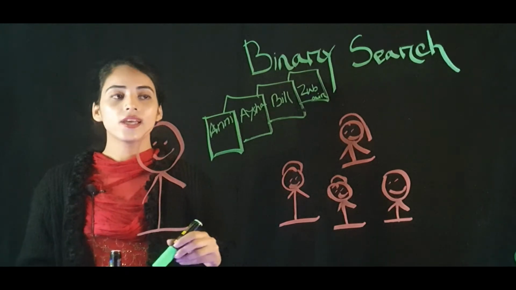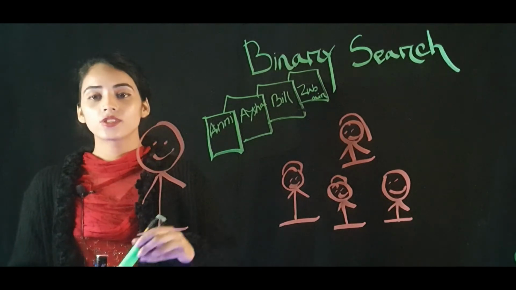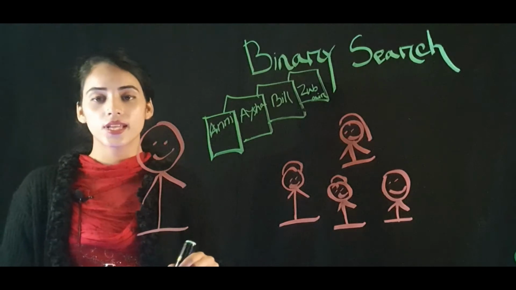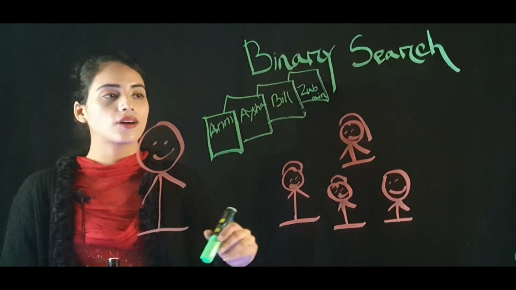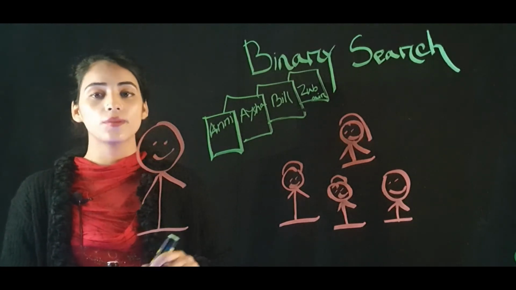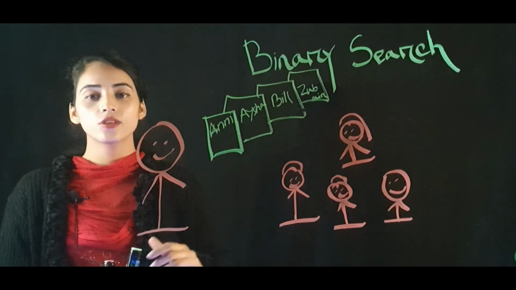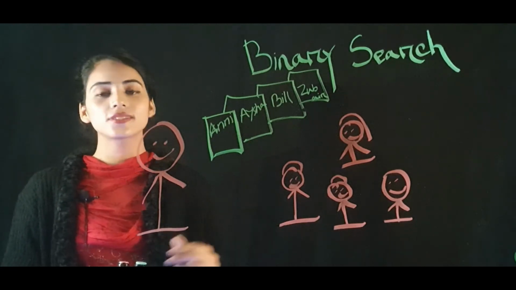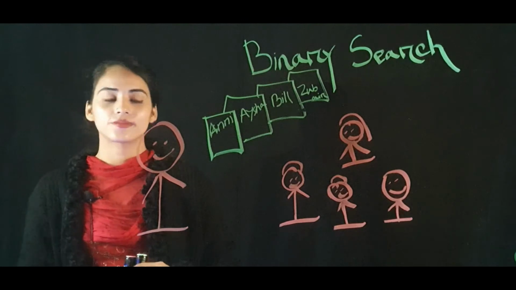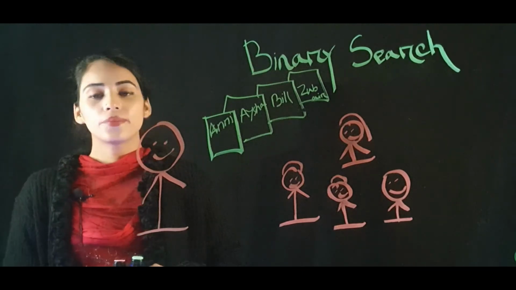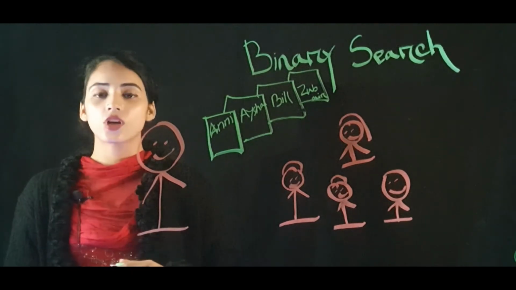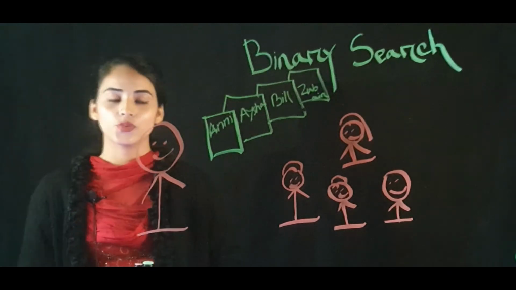You know that Zubair comes after Sarah, so you repeat that process until you get the name of Zubair, or until you find out that Zubair's name is not present in the class. So basically, this is the basics of the binary search algorithm as well.